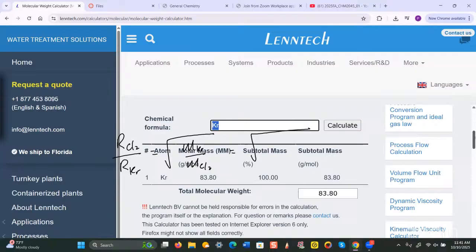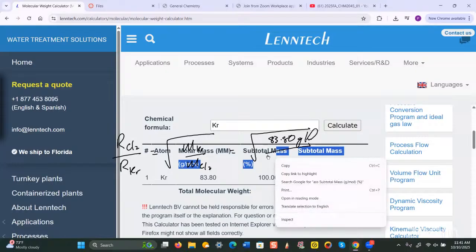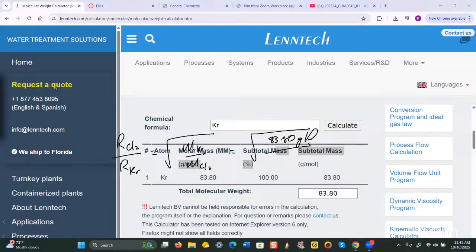It's 83.80. So that will go here, 83.80 grams per mole, and then divide that by the molar mass of chlorine. Now that one I know, because one chlorine atom is 35.45 times 2. So that would be down here, 70.90 grams per mole.